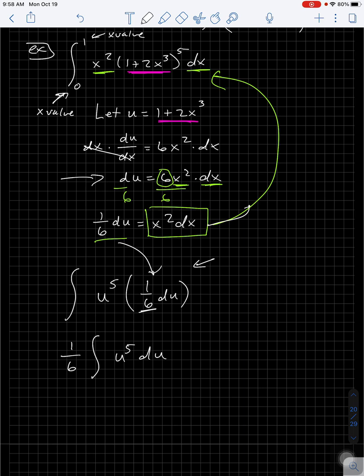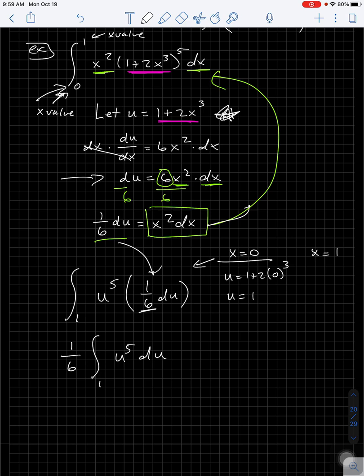So what I do is I take each one individually. When x equals 0, what does u equal? Well, I'm going to use this formula to figure that out. I'm going to say u equals 1 plus 2 times 0 cubed. Okay, and so I get u equals 1. So when x is 0, u is 1. That means that my bottom limit is going to change from 0 to 1.